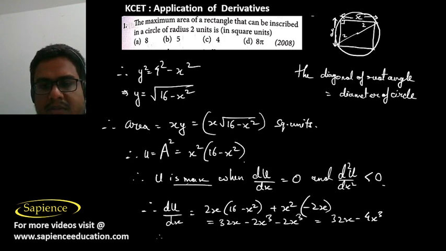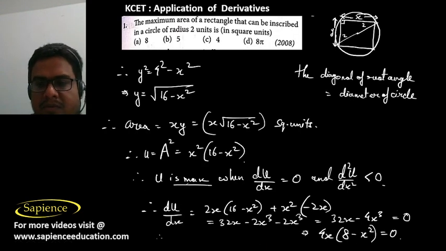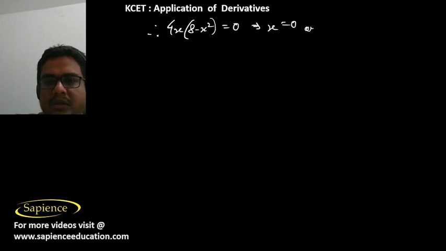So du by dx is 0, you can take 4x as common, so this is 4x into 8 minus x square. Either x is 0 or x square should be equal to 8.